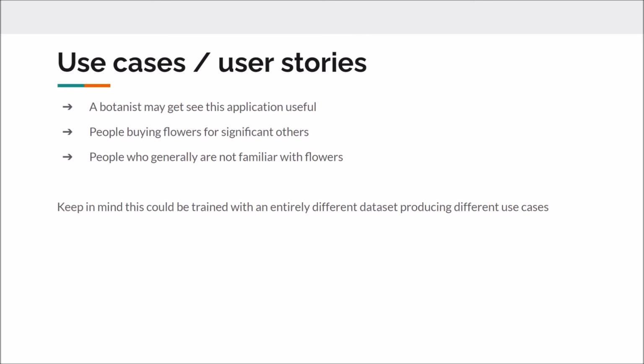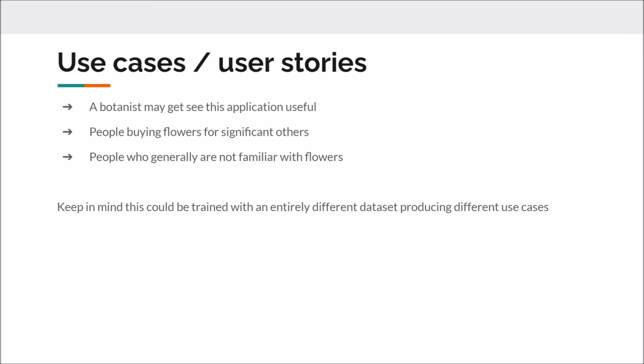If you were to get a little more creative, you could expand that data set to maybe 100 types of flowers. It would just take more work to compile that data set. But in that way, it would be more useful than just identifying 5 certain types of flowers with confidence. You could retrain this whole model with a different data set and produce different use cases.